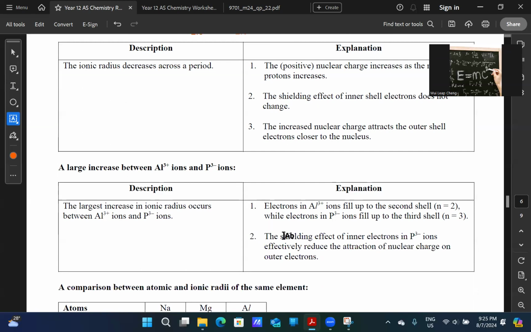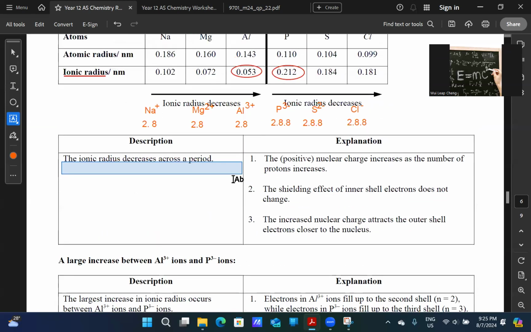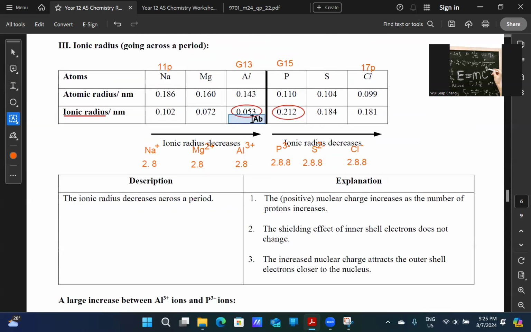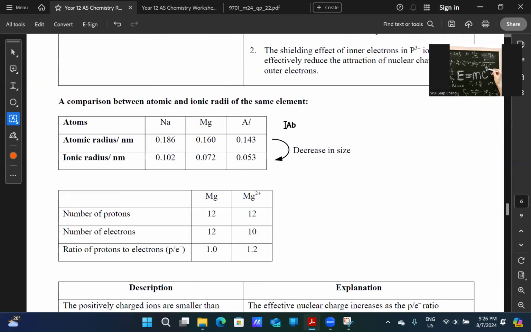So the shielding effect of inner electron in phosphide ion can reduce the attraction of nuclear charge on outer electron. This is the reason why the ionic radius increases sharply from 0.053 nanometer to 0.212 nanometer.